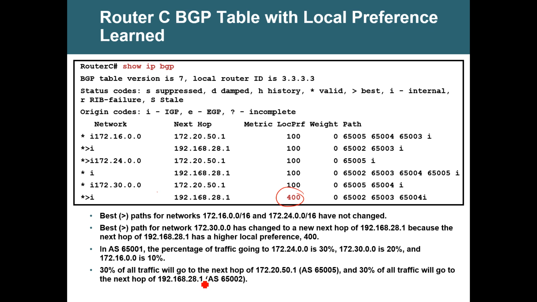And now you see equal amount of traffic is going. 30% of traffic goes to this one, SSLAT. Another 30% goes to this one, Orido. Right, this is an example.